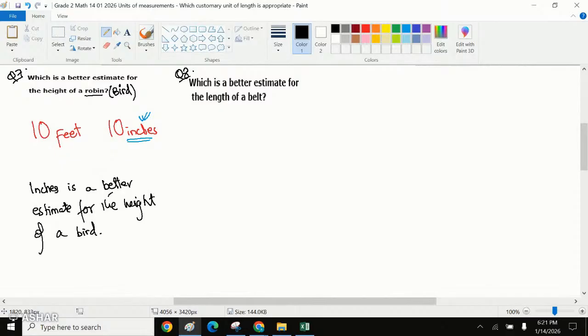So a belt is worn around the waist and the waist length can be, okay, we look at the answer. 1 yard is a better option, or 1 inch? Which is the better option for finding a length of a belt?